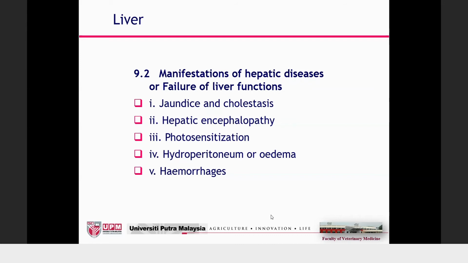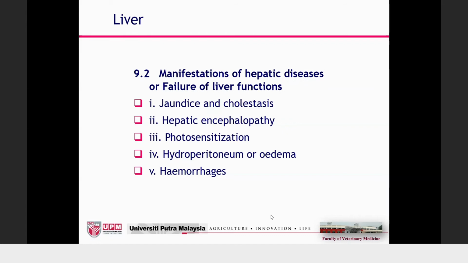What is important about these clinical manifestations is that when we conduct a physical examination of our client, with a dog or cat, and we see that the animal has this type of sign, then we have to think that the animal might have liver function failure or disturbances, and at least you can foresee that there might be some changes in the liver.